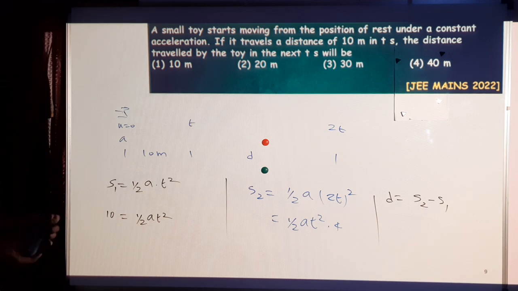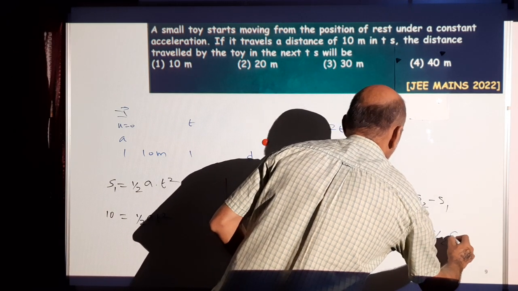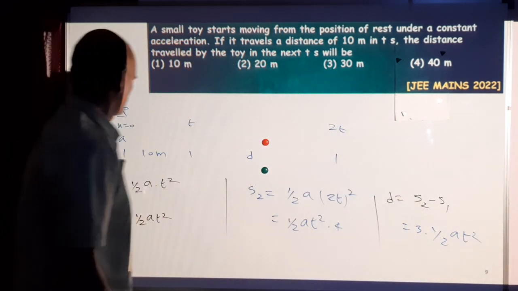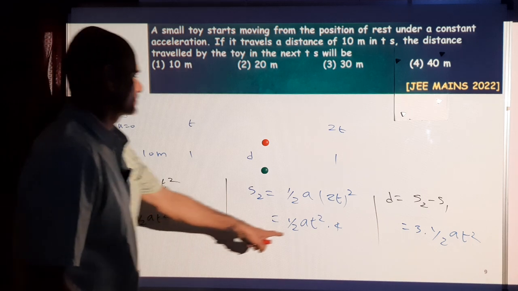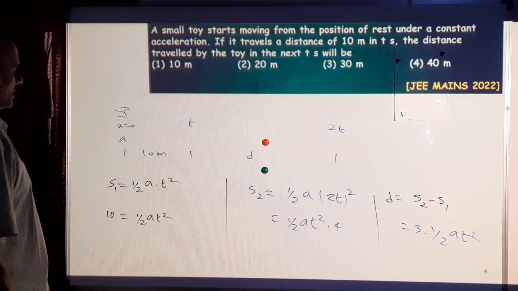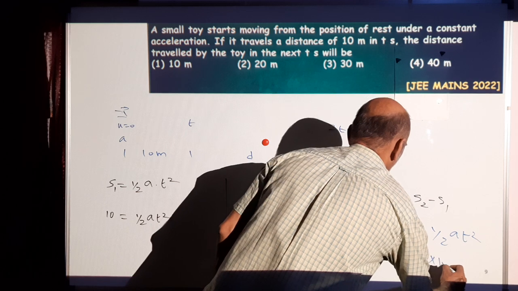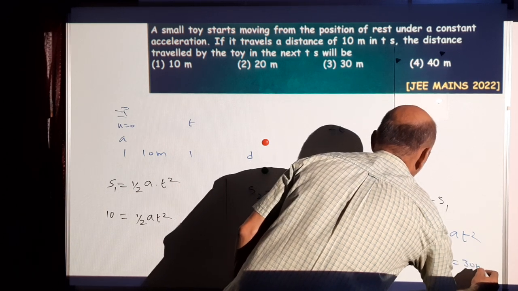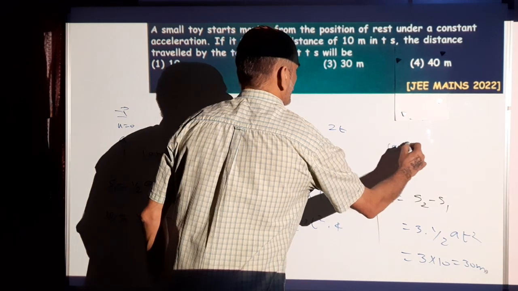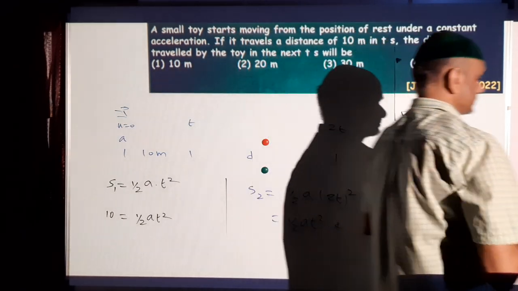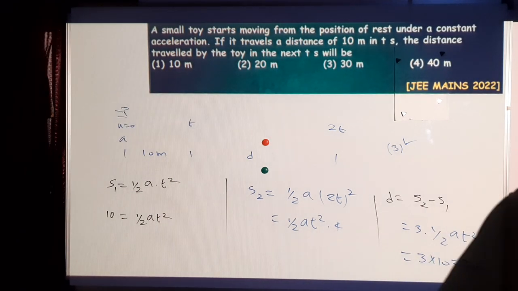That will be 3 times half a t square, and half a t square is 10. Option 3 is the correct answer.